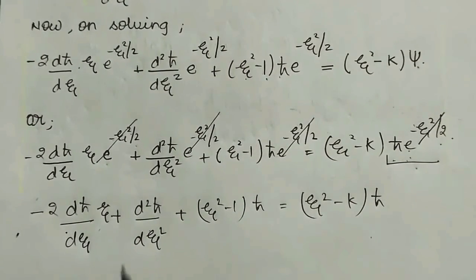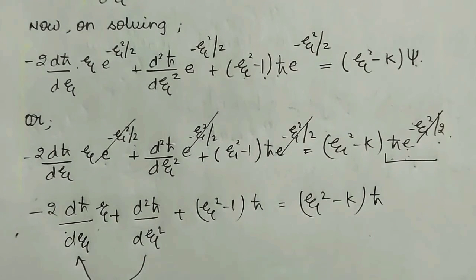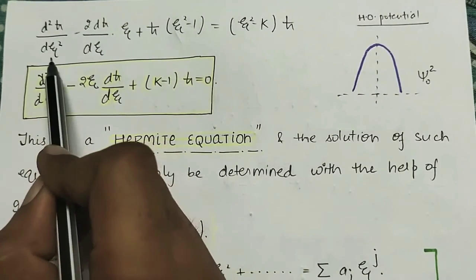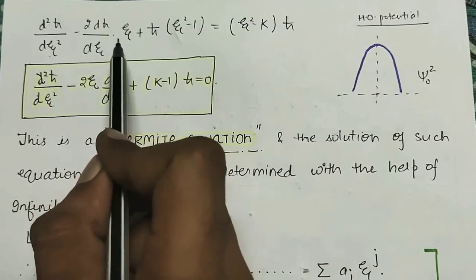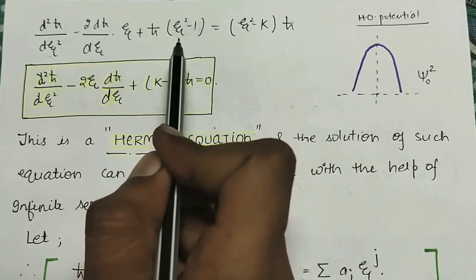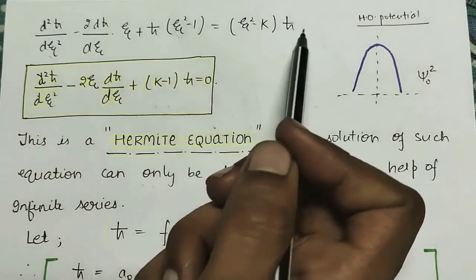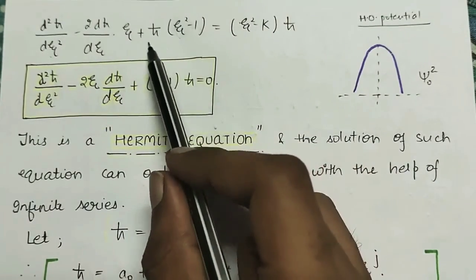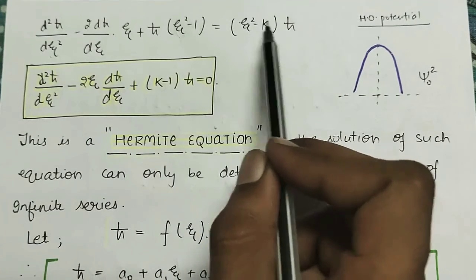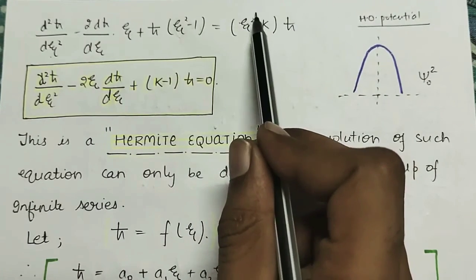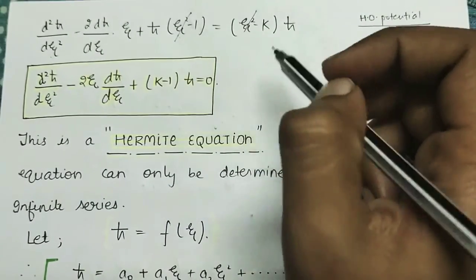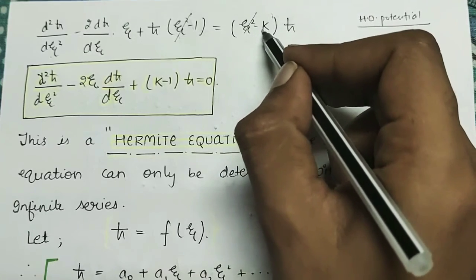Okay, now take this term in front of the equation, since it is a second derivative, so the equation becomes del square h cross over del j square minus 2 del h over del j dot j plus h cross j square minus 1 equal j square minus k h cross. Okay, now h cross is common, so j square here and minus j square here can cancel out, and this expression is minus k.